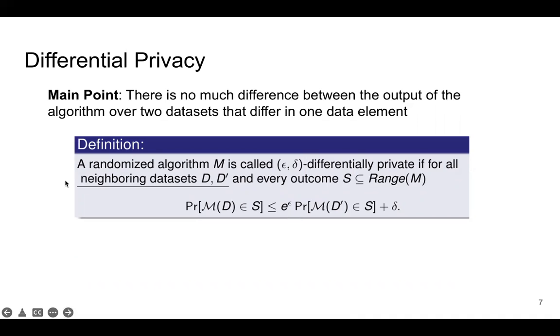A randomized algorithm M is called (epsilon, delta) differentially private if, for all neighboring data sets D and D prime, meaning only one data sample is different, this inequality holds. Here epsilon is the privacy budget and delta is the probability of failure.